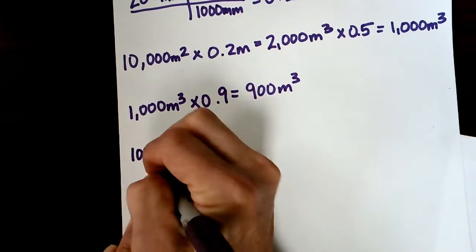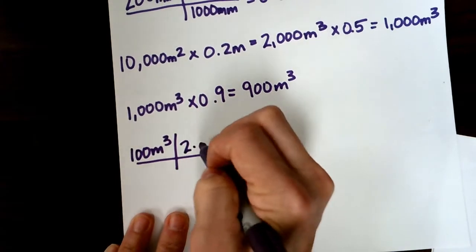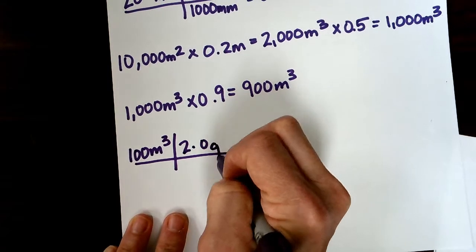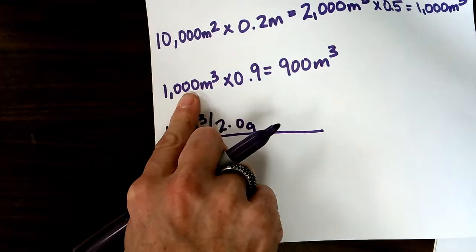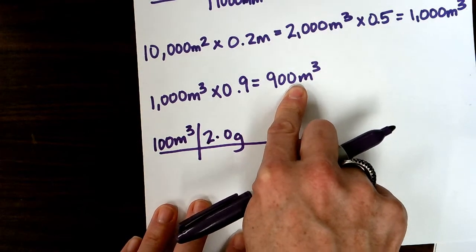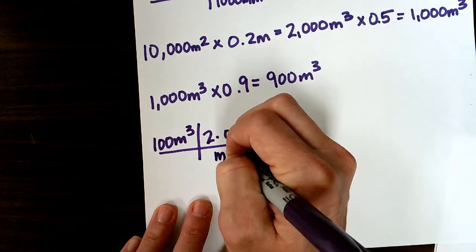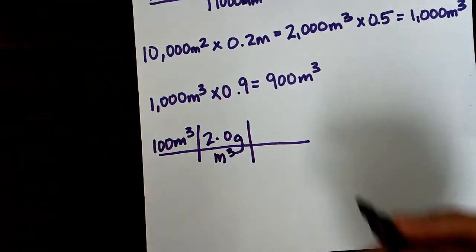I've got 100 cubic meters times 2 grams, because this is the amount that is not treated as leachate of that original 1,000, because 900 cubic meters is. So I've got 2 grams per cubic meter. And then it said that had to be in kilograms.